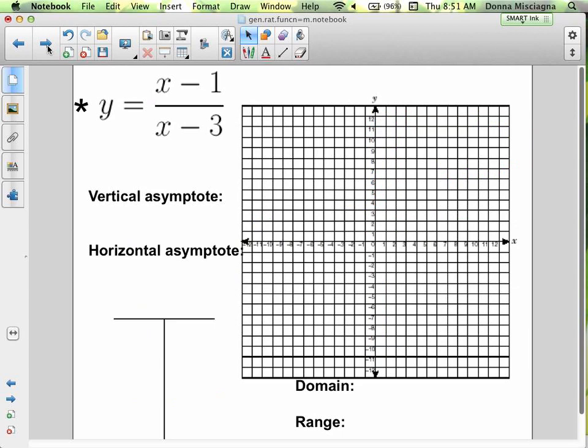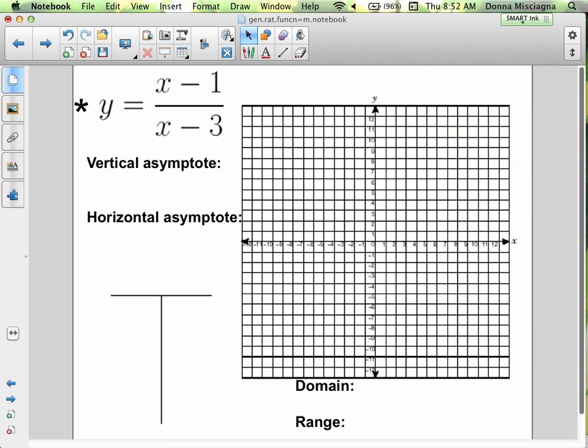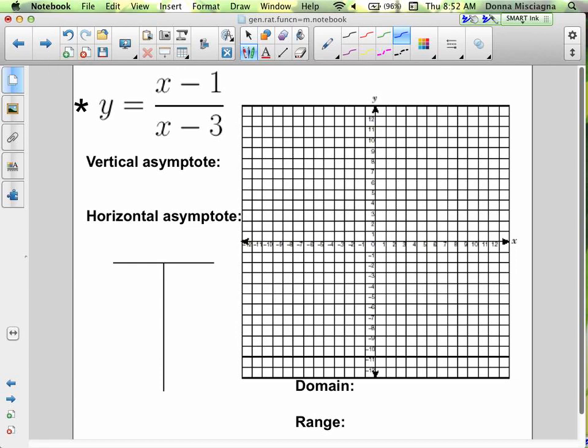All right, so vertical asymptote. Anybody at orange? It would be 3. So x equals 3, because we said x minus 3 equals 0. And you add 3 to both sides, of course, x is 3. The horizontal asymptote.